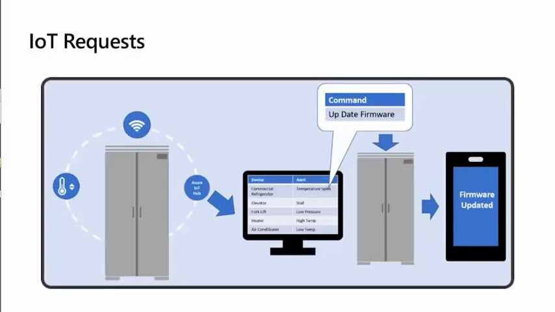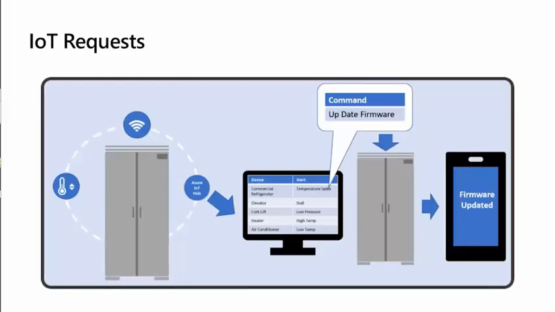And based on those conditions, Dynamics 365 Field Service is going to trigger an automated process. And that process is going to handle and resolve that alert. So let's just say, for example, the firmware needs to be updated. It can actually trigger the firmware to automatically update.